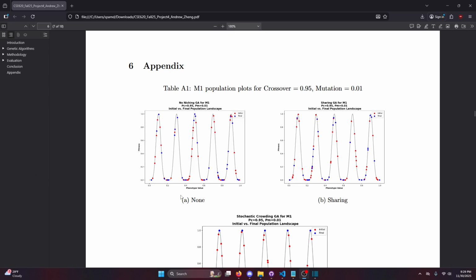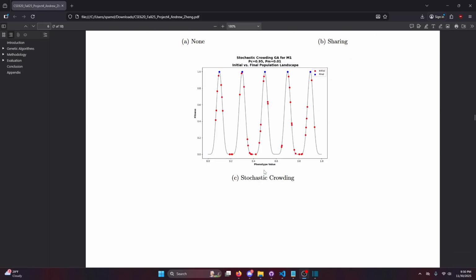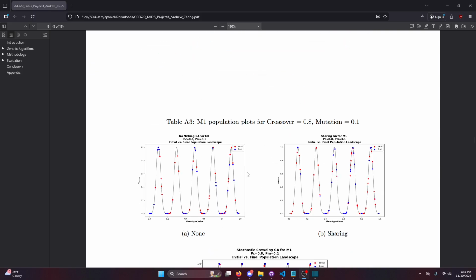So as for the findings, one thing that was surprising was the fact that the no niching method was not terrible. It actually performed somewhat similarly to sharing. On the function M1, sharing did definitely perform a little better.